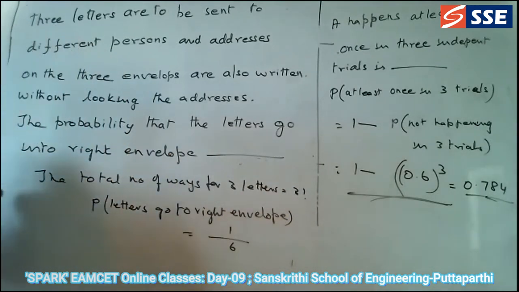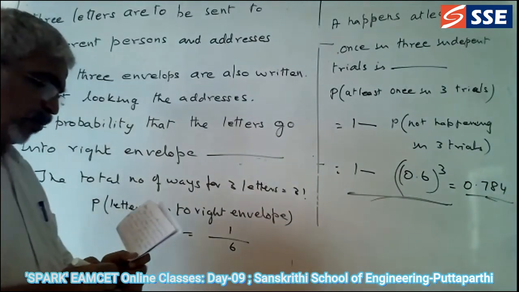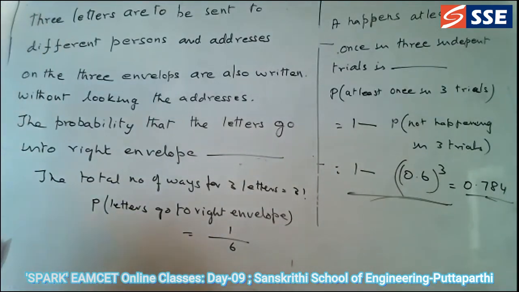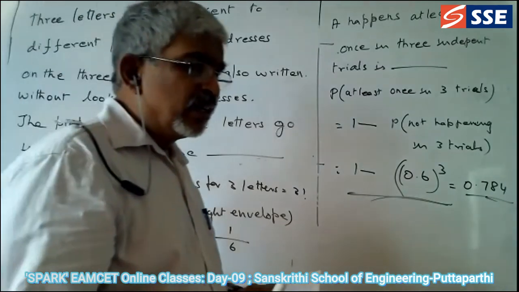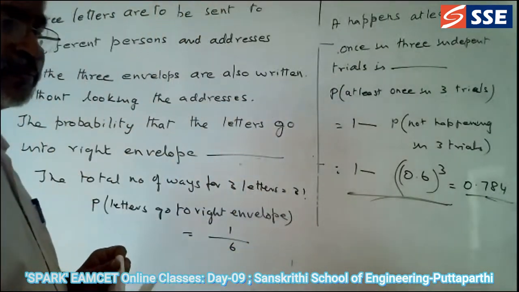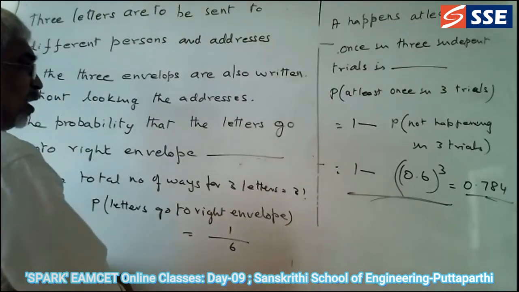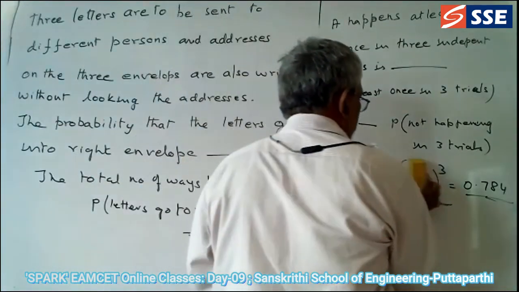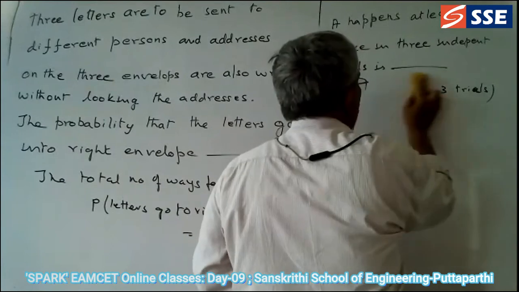Only one chance it will go right. So the answer is 1 by 6. It is not 1, it is 1 by 6. Okay, so now let us go for another problem.